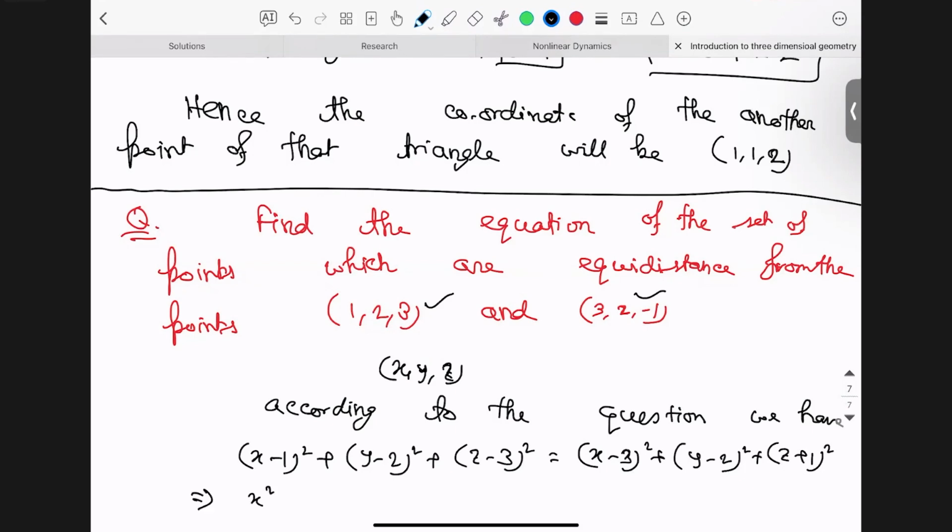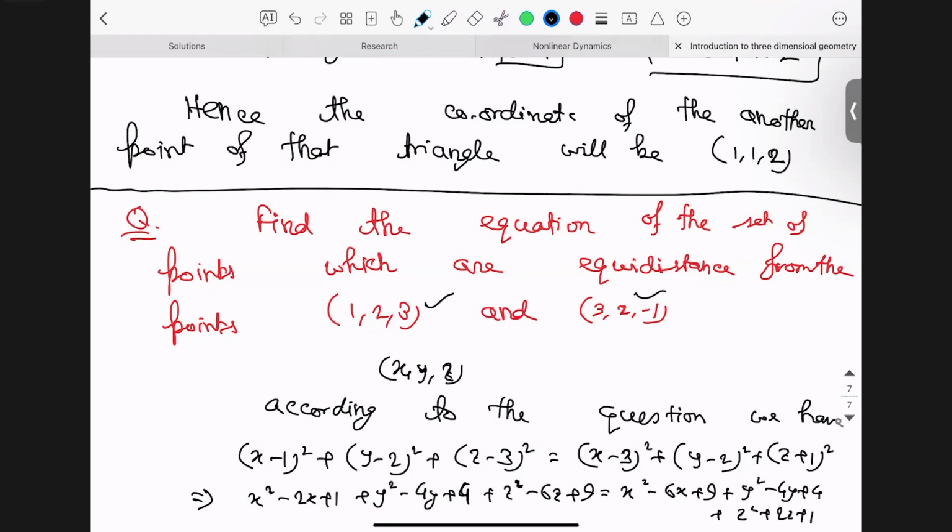This implies x square minus 2x plus 1 plus y square minus 4y plus z square minus 6z plus 9 is equal to x square minus 6x plus 9 plus y square minus 4y plus 4 plus z square plus 2z plus 1.